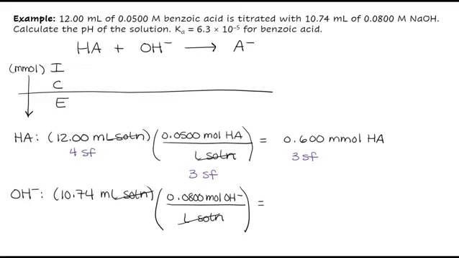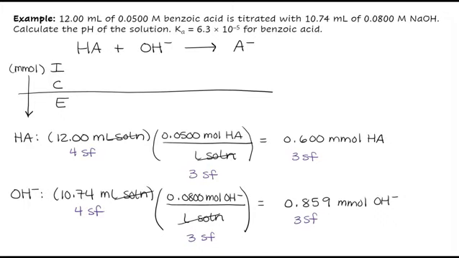For the sig figs, we have 4 sig figs in our volume, 3 sig figs in our molarity, so our millimoles will also be rounded to 3 sig figs. Doing the math, we have 10.74 times 0.0800 rounded to 3 sig figs gives us 0.859 millimoles of OH minus.